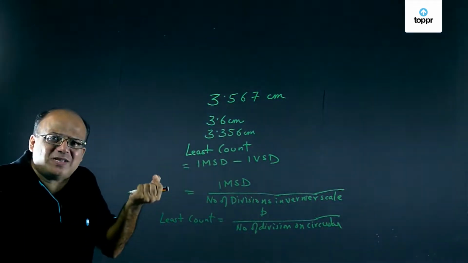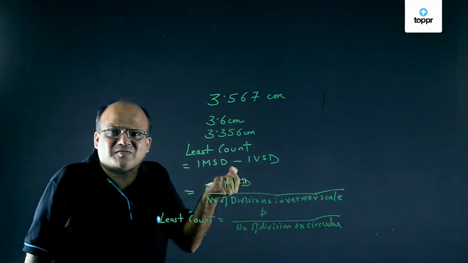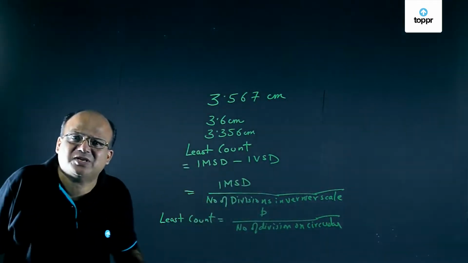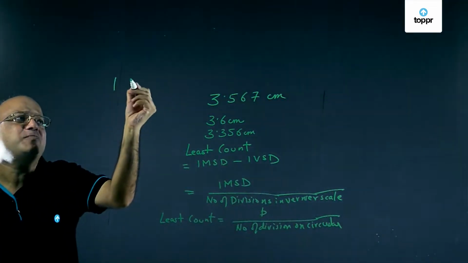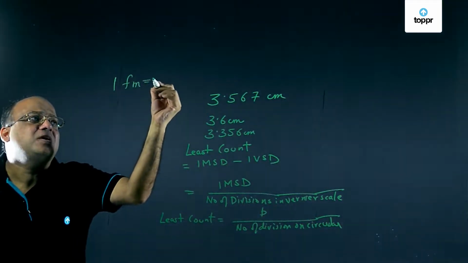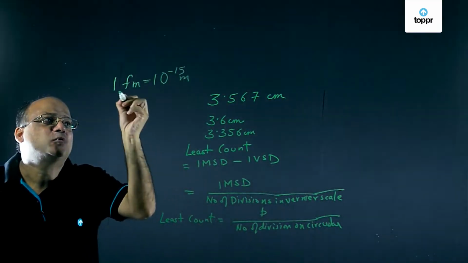Small lengths we measure in units called femtometer. The radius of the nucleus is of the order of 10 to the power minus 14 meter. And that we measure in femtometer. What is 1 femtometer? 1 femtometer is 1 FM, and that is 10 to the power minus 15 meter. This is also known as Fermi.